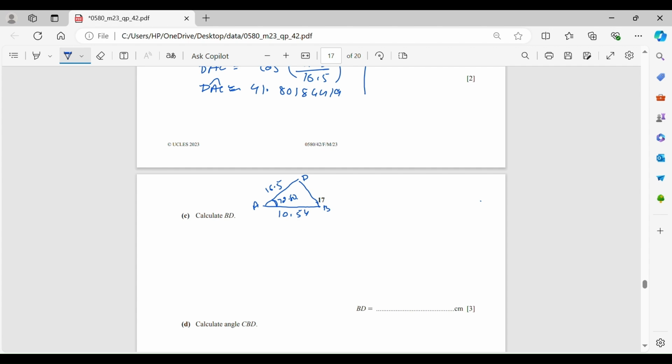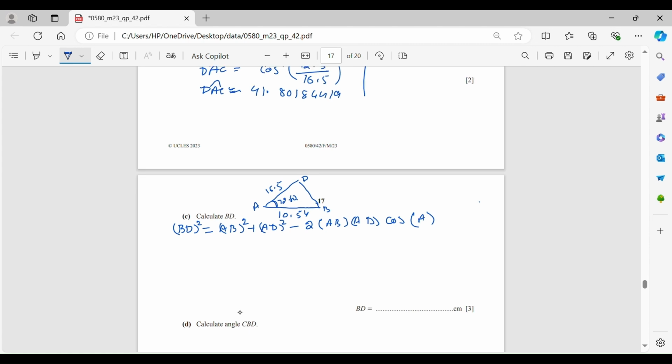So we will use the cosine rule. According to cosine rule, BD square will be equal to AB square plus AD square minus 2 times of AB into AD into cos A, right?